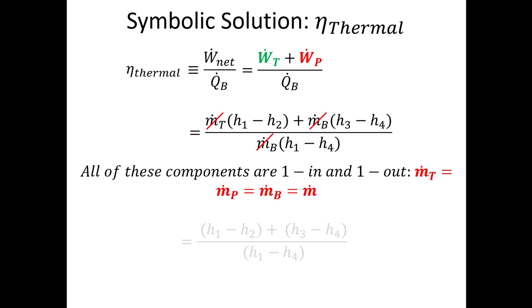So the mass flow rates drop out, and I'm left with this equation, H1 minus H2 plus H3 minus H4 divided by H1 minus H4. I know H1, I don't know H2, I know H3, I don't know H4. So I have a symbolic solution, and I could get this answer if I could fix states 2 and 4.